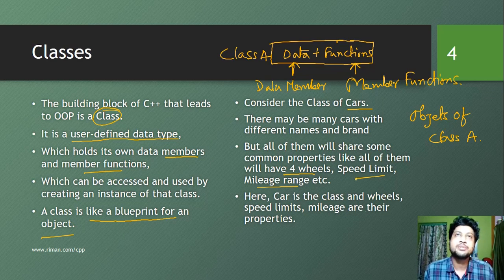What will be the operations or functions on this car? How to accelerate, how to stop the car, those could be the functions of this car as well. If car is a class, the wheels, speed limit, mileage are the properties of that particular class.